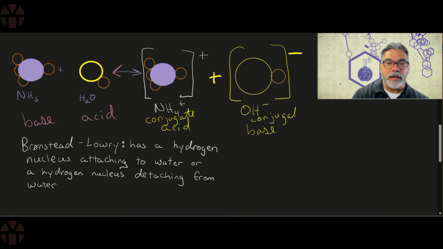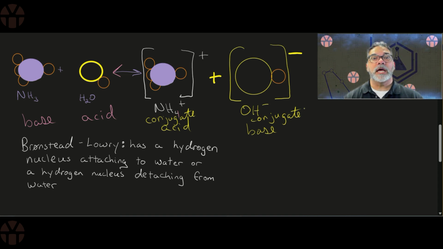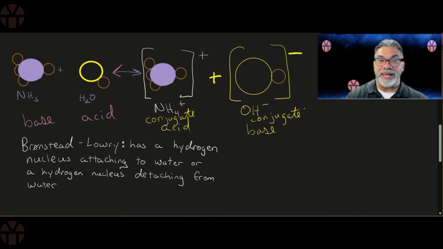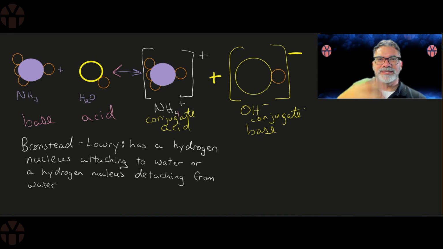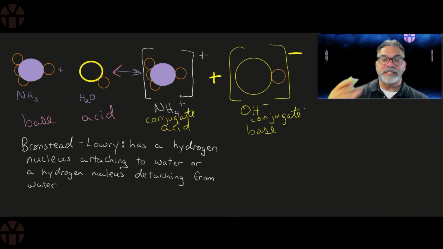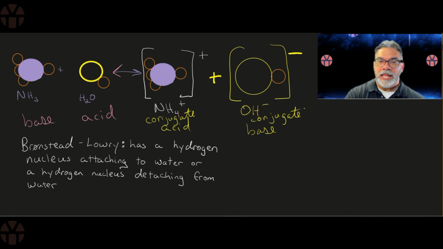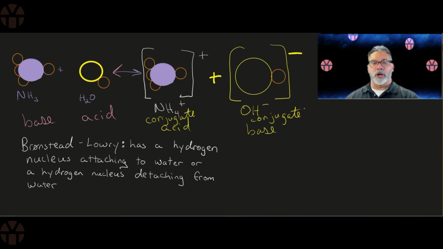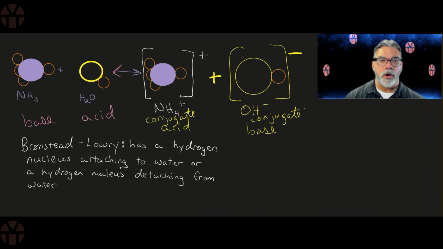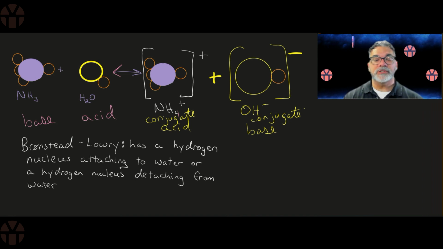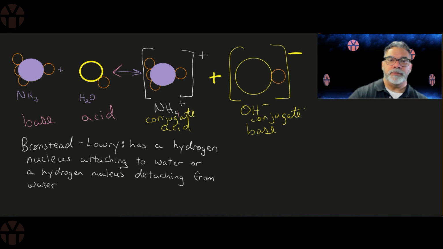And all that conjugate means is that it's on the product side, as if we were doing a conjugation. Conjugation is we did something to it. So we did something on the reactant side that produced these guys over here on the product side. Okay, and so this is how we come up with acid, base, and then conjugate acid, conjugate base.